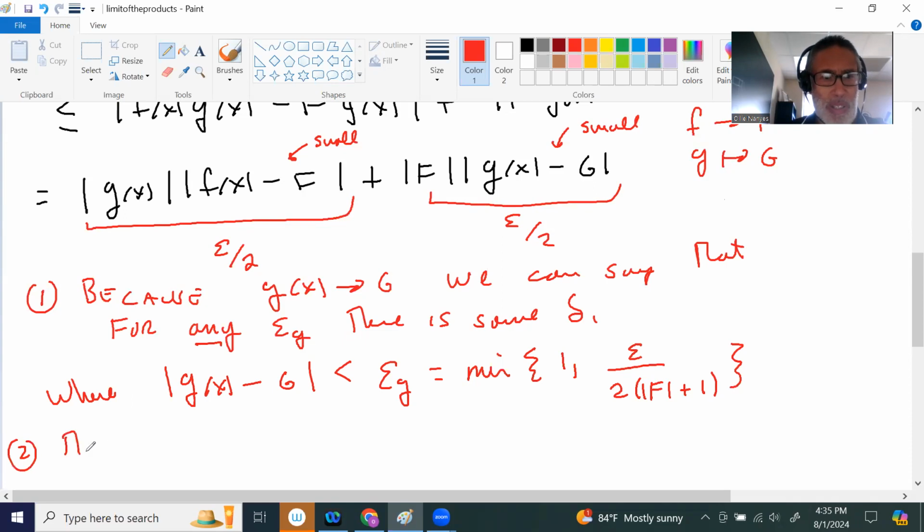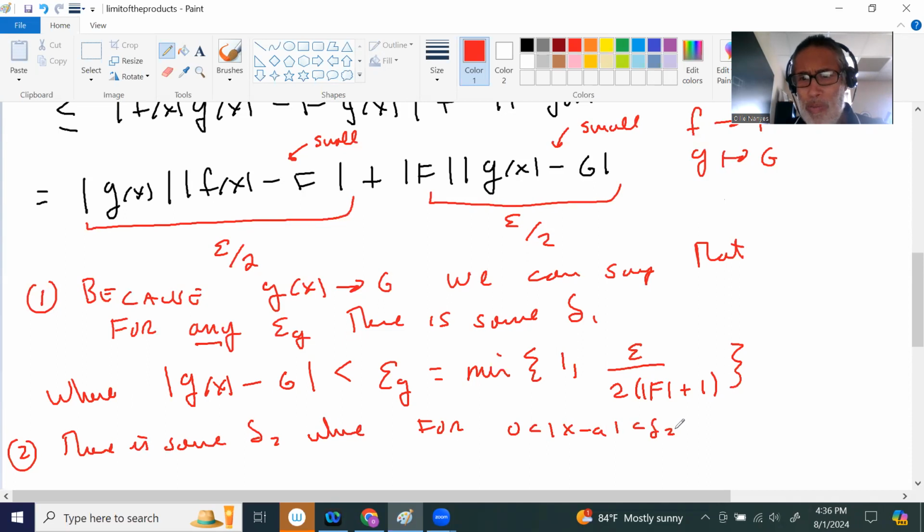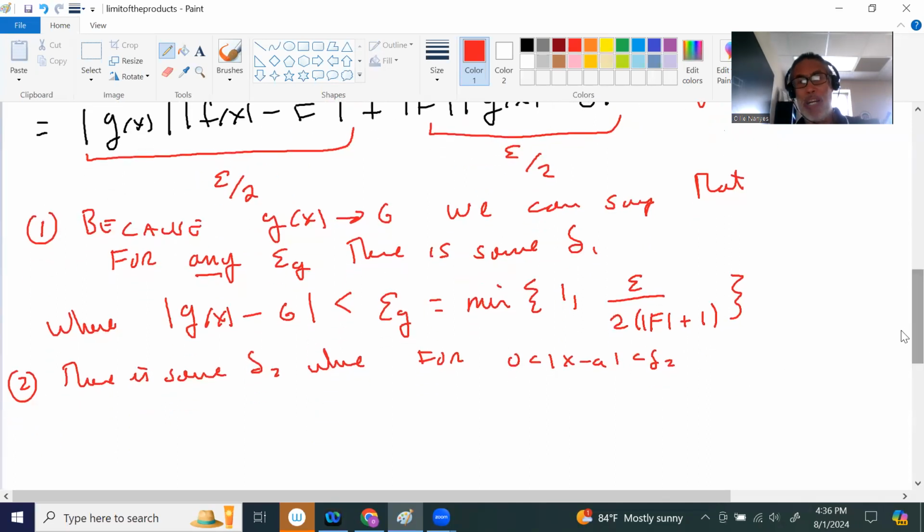Then there is some, let's say, delta 2, where, and let me be better here, for x minus a, for x being within delta 2 of a here, we know that the f of x minus big F is going to be less than some epsilon, let's call it epsilon f.